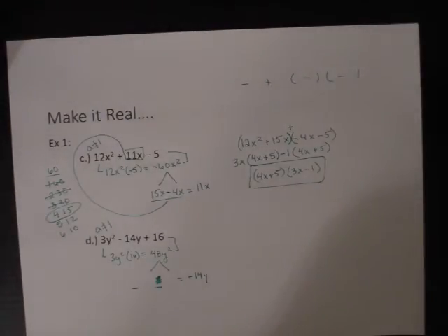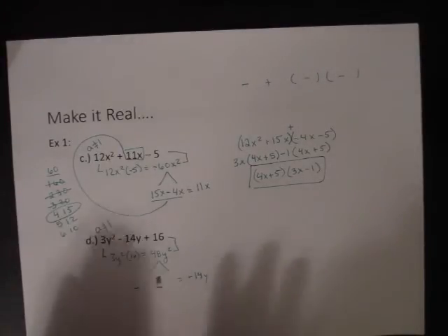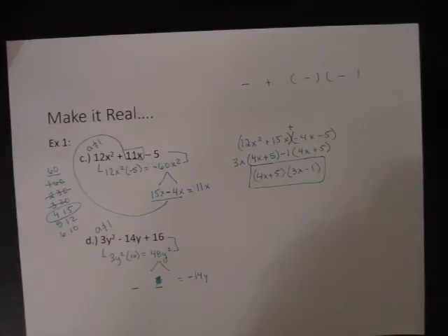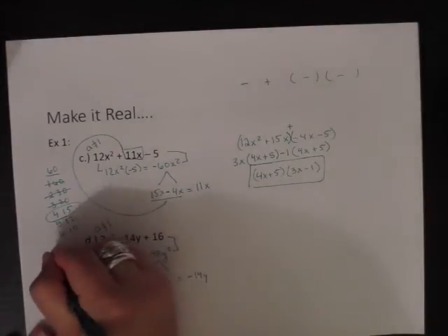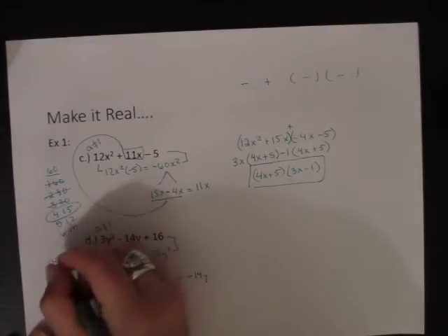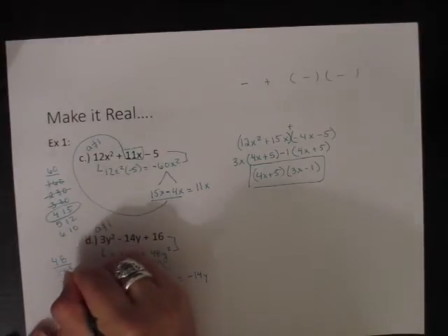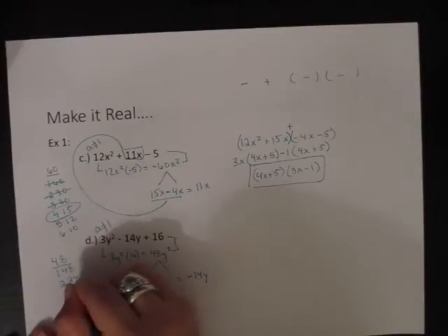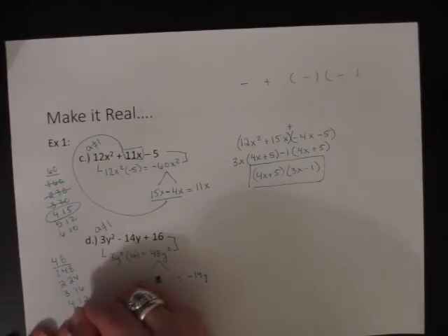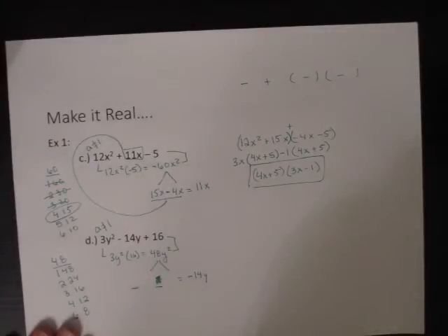It's still technically addition, because when I have 2 negative numbers, I have to add those together and keep that negative sign. So now I find my factors of 48, which are 1 and 48, 2 and 24, 3 and 16, 4 and 12, and then 6 and 8.